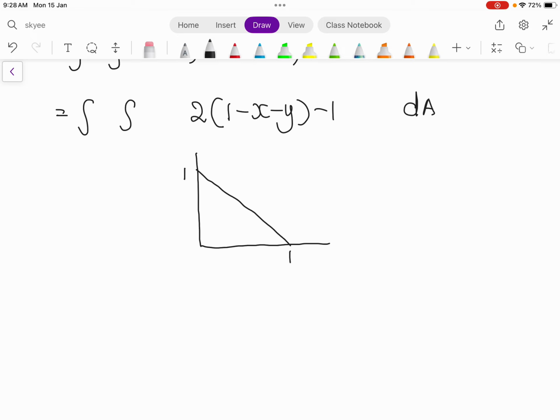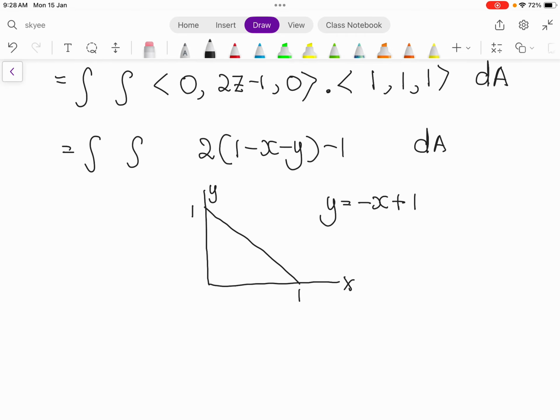This is 1 and 1, this is x and this is y. The equation for this will be y equals negative x plus 1. You can also find this from the equation of the plane.